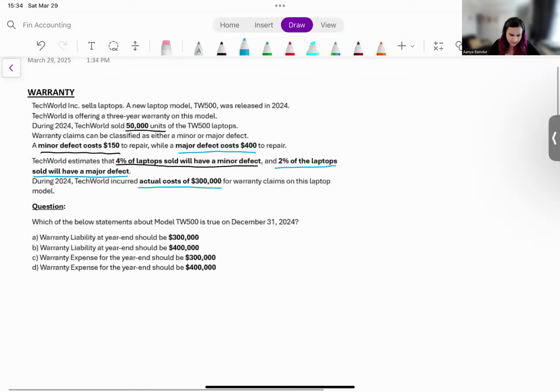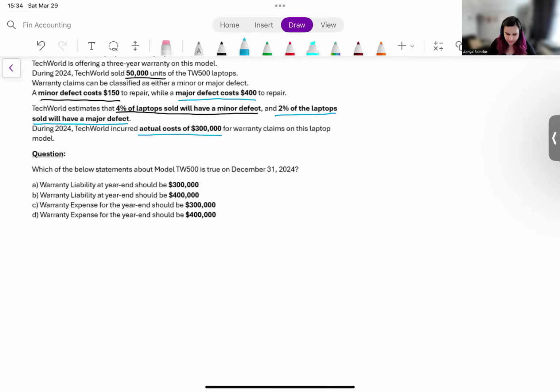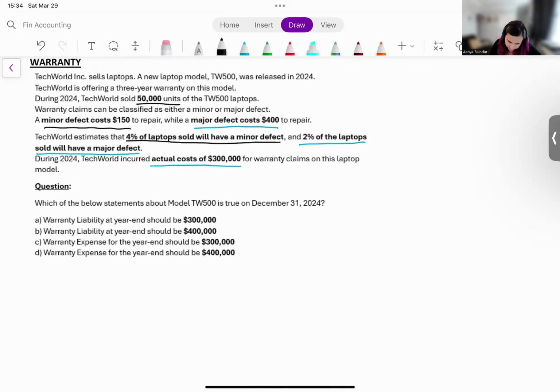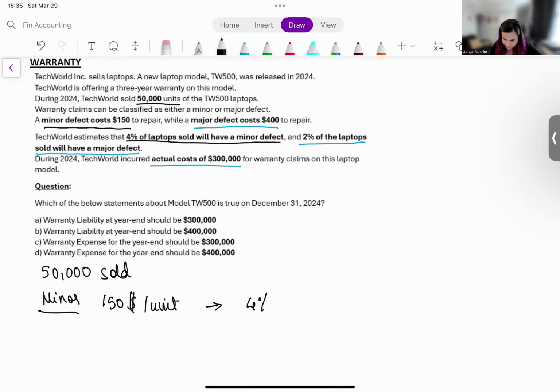So it tells us we've sold 50,000 units. So let's go ahead and write that. 50,000 units sold. And when it comes to the minor repairs, each repair costs $150 per unit, and it accounts for 4% of all laptops sold, which is 4% of 50,000.